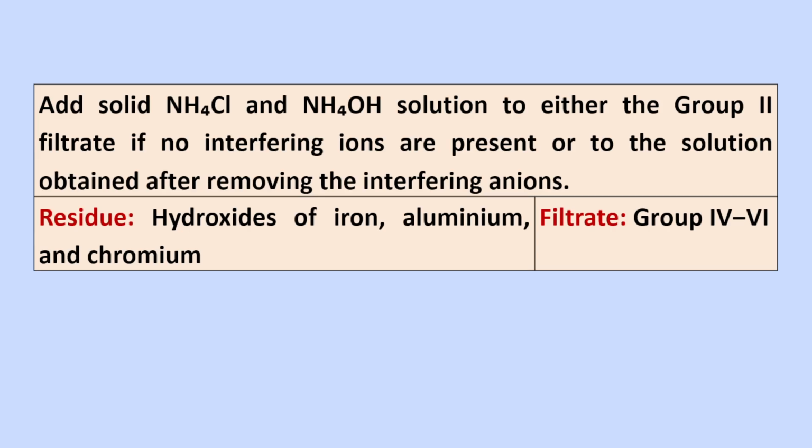This step increases the pH gradually, ensuring selective precipitation of specific cations. A precipitate formed will consist of hydroxides of iron, aluminium or chromium. The filtrate, on the other hand, may contain group 4, group 5 and group 6 cations.